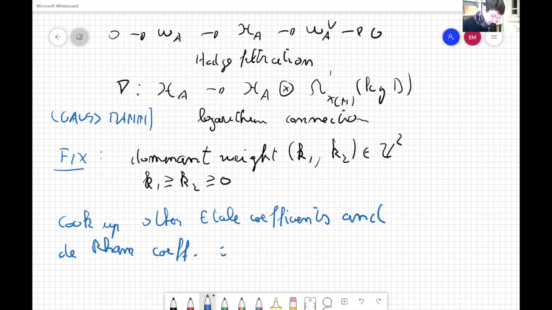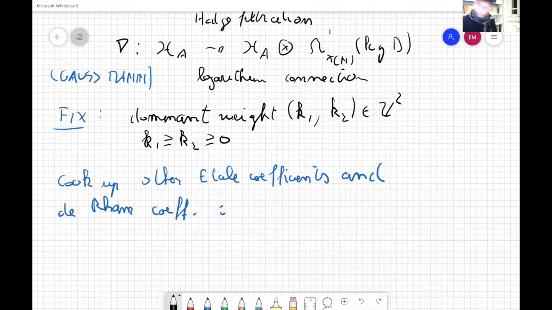That was what Vincent mentioned yesterday: if you have a representation of G, you can get a vector bundle with connection and also étale coefficients, in this case the representation associated to this weight.